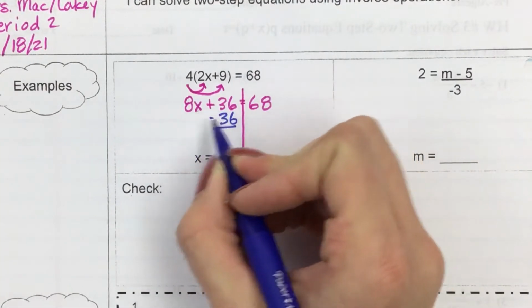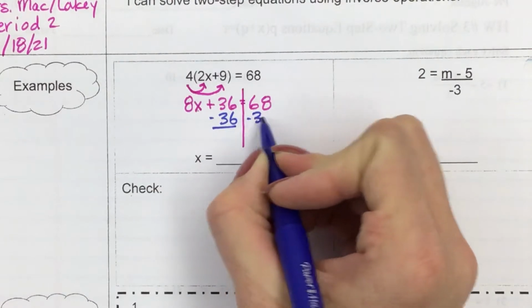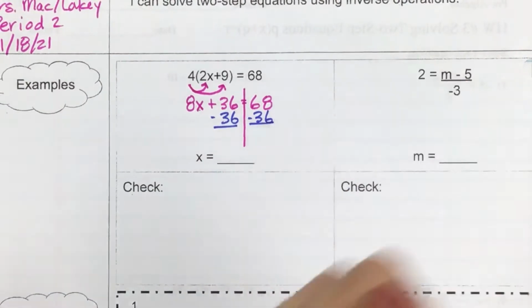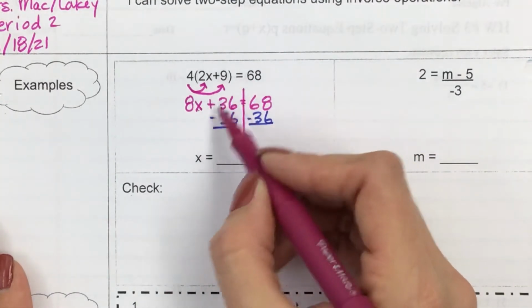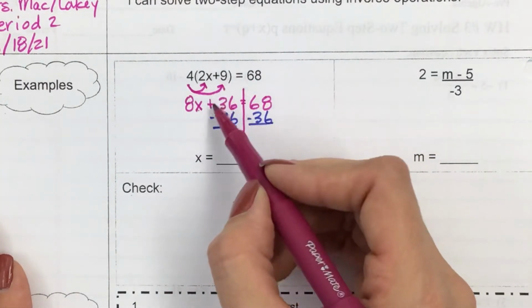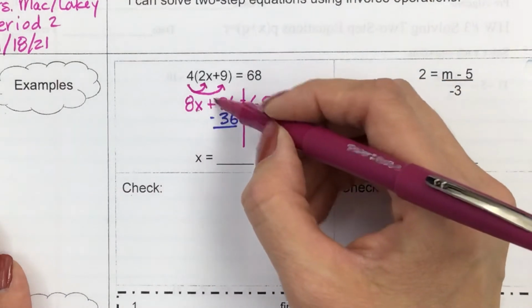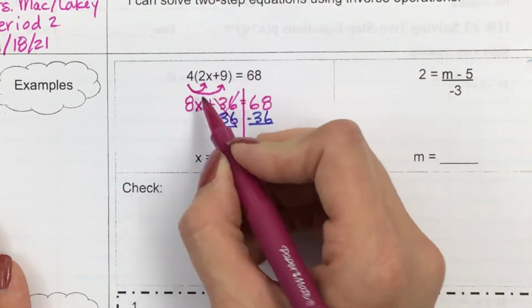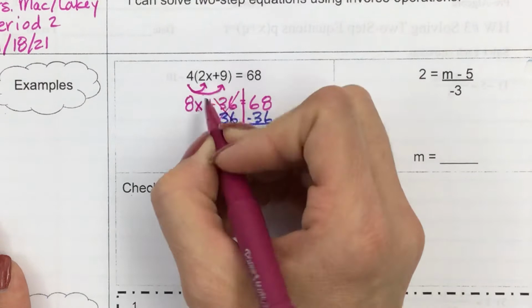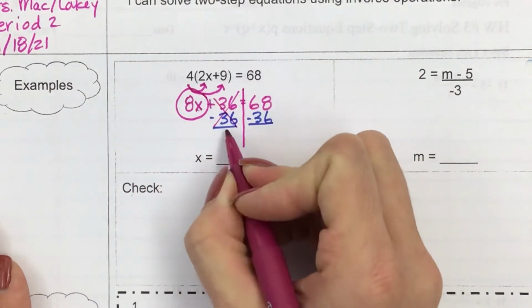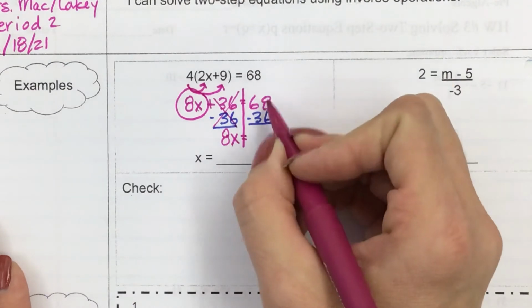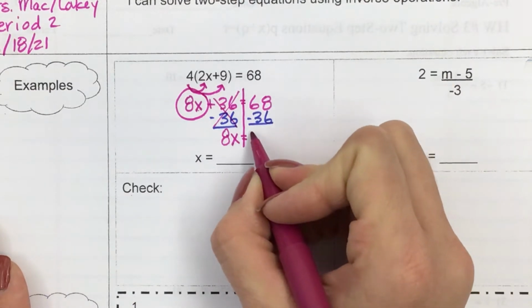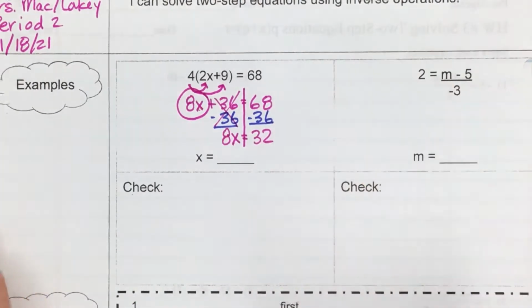And what I do to this side, I also have to do to this side. Now this part is gone. 36 minus 36 is 0. So this we can just X out. And all that we're left with here is the 8x. So I'm going to bring that 8x down. And then I'm going to subtract here. This is going to be 32.